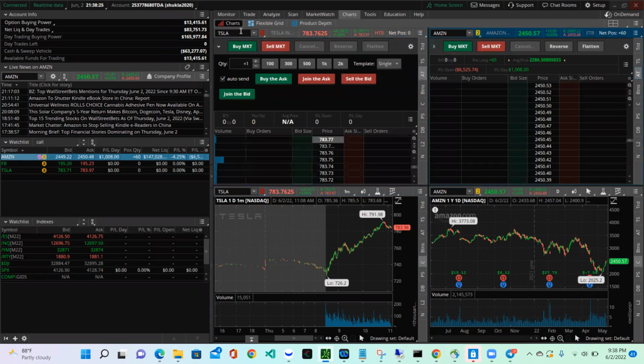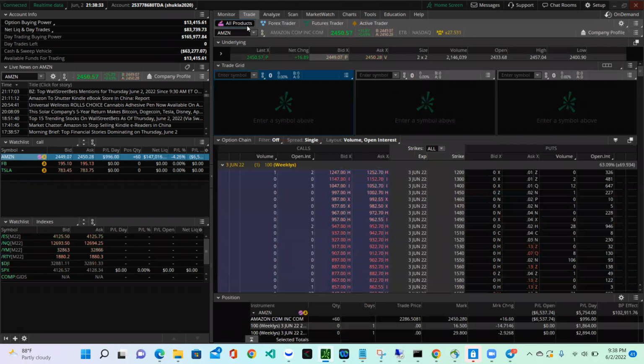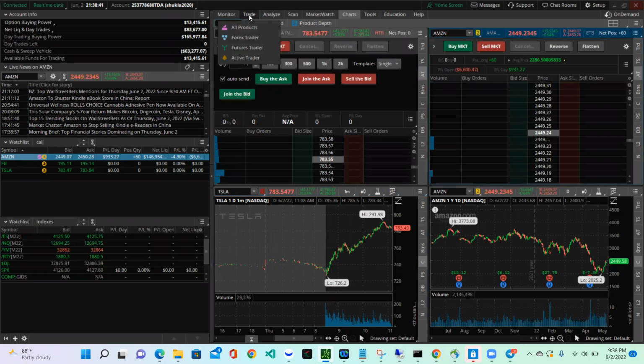So these are actual stocks. How do you trade options, right? There's an option when you go into trade, and there's a trade bar up here. I don't know if you guys noticed. I'm going to try to go very slow here. There's a trade option here and a chart option here.